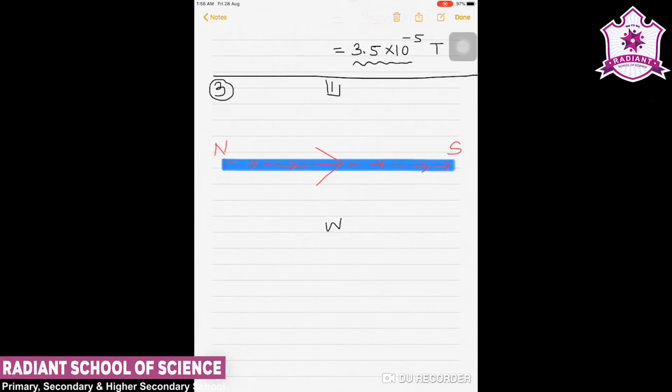We are asked to find the magnitude and direction of the magnetic field at point P, say this is point P in the east direction. That will be east, and this is west. This is north on the left hand side and south on the right hand side.